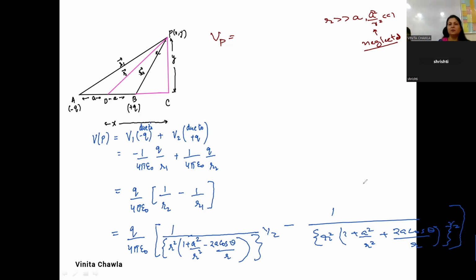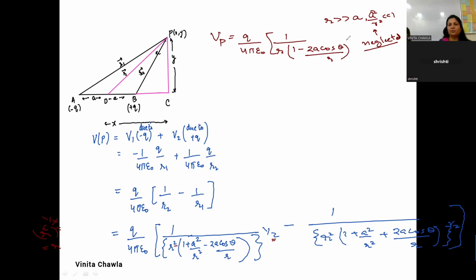So now we are left with Q upon 4 pi epsilon naught, and we have 1 by r square raised to the power half, which is r. So we get 1 upon r, and in the bracket we have 1 minus 2a cos theta by r raised to the power half.